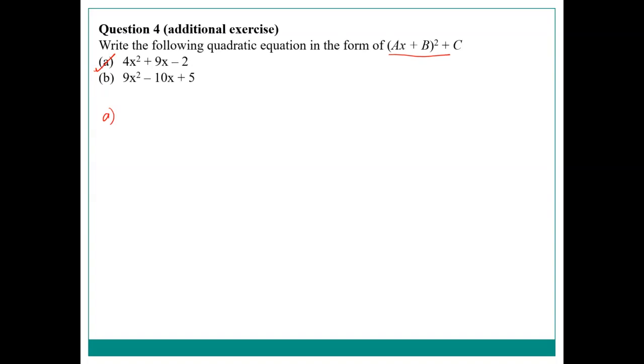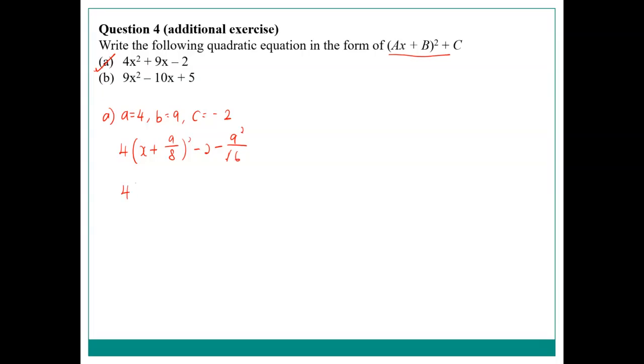Question A. We have a is equal to 4, b is equal to 9, and c is equal to -2. We want to put this general form into completing square form. So we have 4 times (x plus b over 4 times 2, which is 8) squared, minus (c minus b squared over 4 times 4, which is 16).